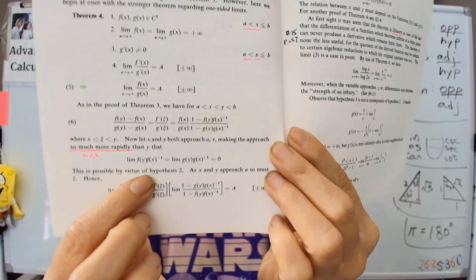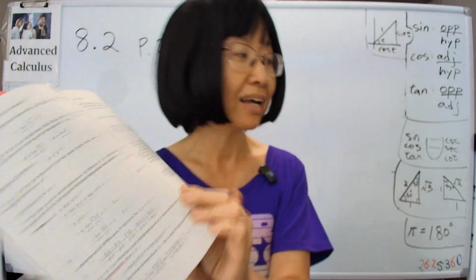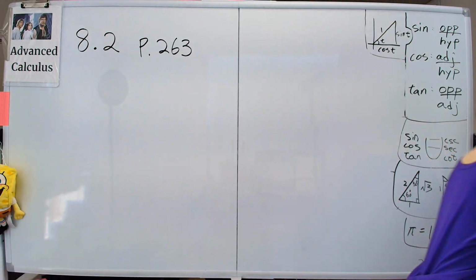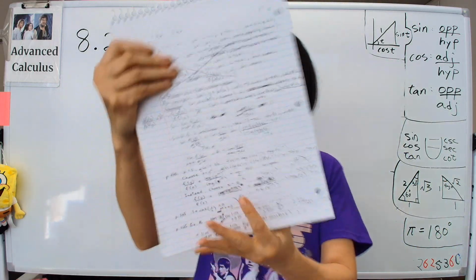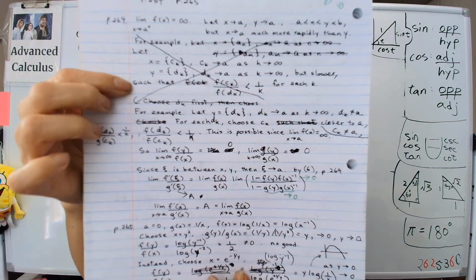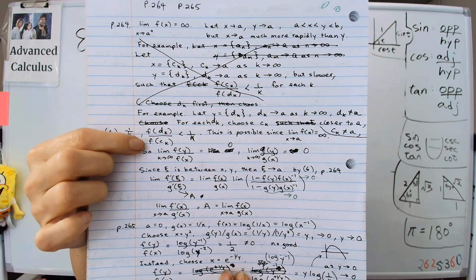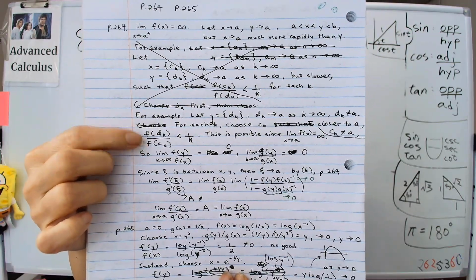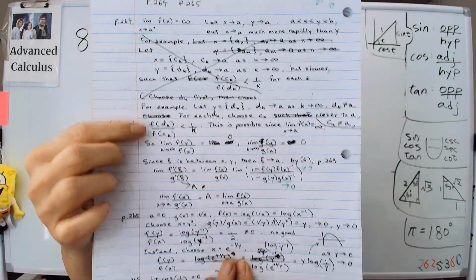Now the book is not explaining how we're going to do that, so I have written down one way of doing it. How will we choose it in such a way that f of x goes to infinity much faster than f of y, such that the limit has to go to 0?